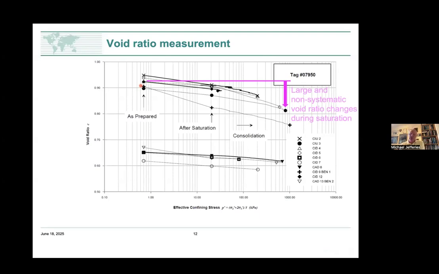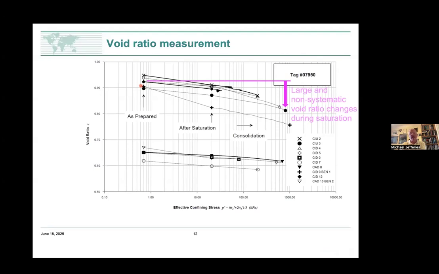So we have to make, and this is perhaps the biggest step you have to take with applying critical state methods, you have to get used to accurate measurement of void ratio. And you think of our laboratories and laboratories you're familiar with.